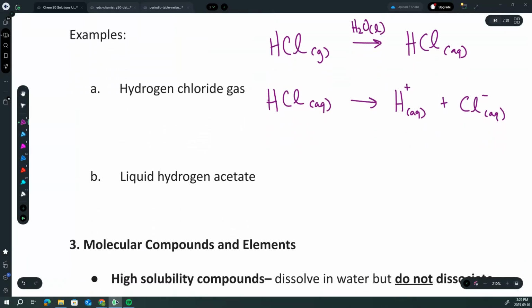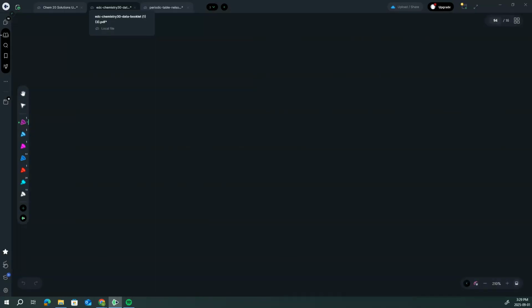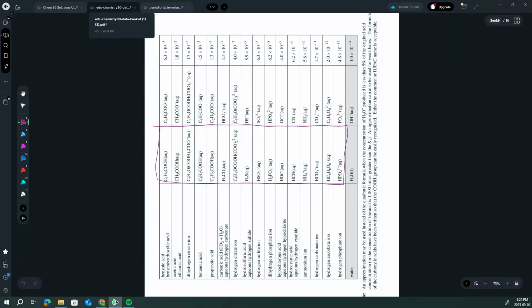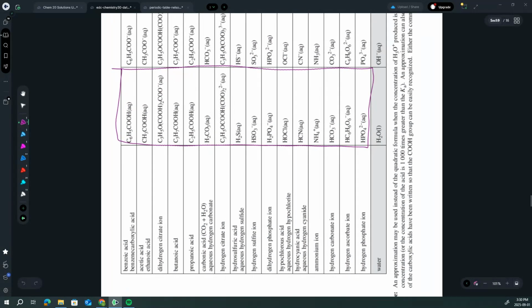Okay. Now with liquid hydrogen acetate, where we're going to find that is under acetic acid.